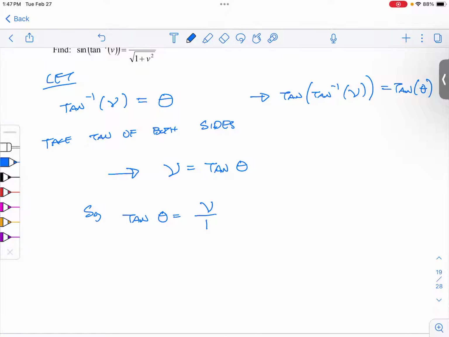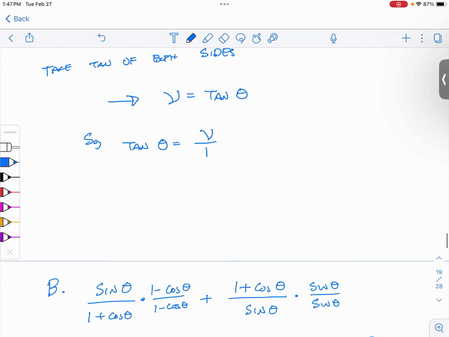That's the trick that seems like a simple yet hard to remember idea, especially when I start putting letters in there, then everyone totally forgets. But trigonometric functions are always something over something, even the reciprocals. We always think cosecant is just 1 over sine, but it's actually hypotenuse over opposite. It's still a fraction.